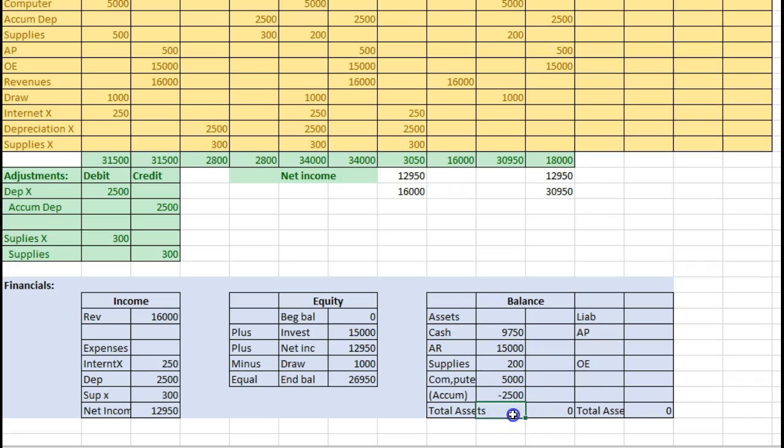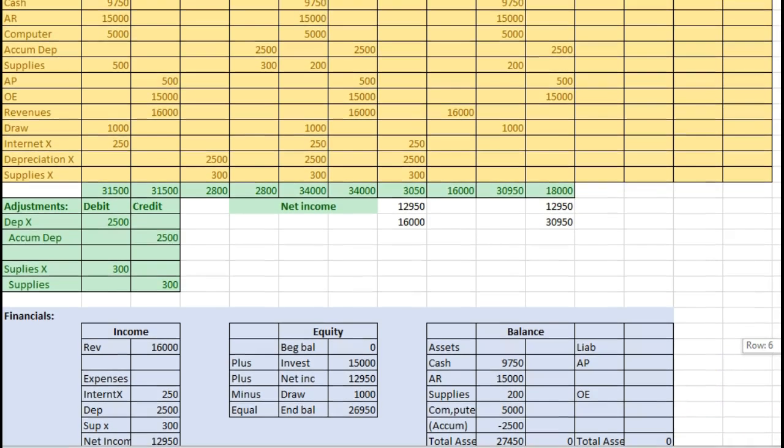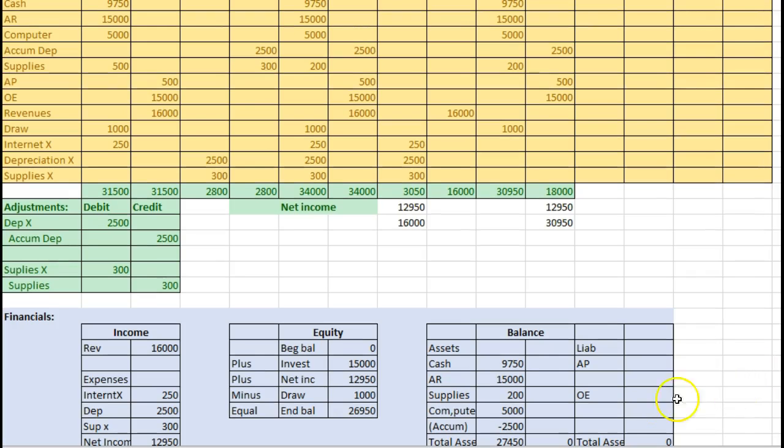And that will give me total assets of $27,450. Okay, let's make sure we've got it correct. I now have accounts payable of $500, and my new owner's equity is $26,950.